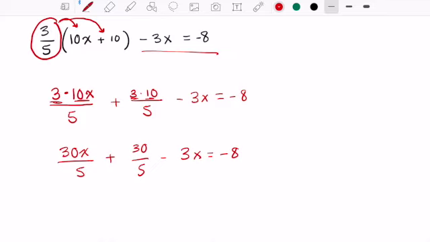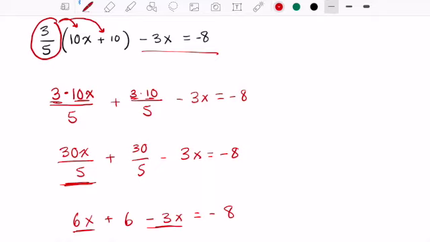Simplify these down. When I simplify 30x over 5, I'm going to get 6x. 30 divided by 5 gives me 6. Plus 6 minus 3x equals negative 8. All right. So combine my like terms here. I get 3x plus 6 equals negative 8.